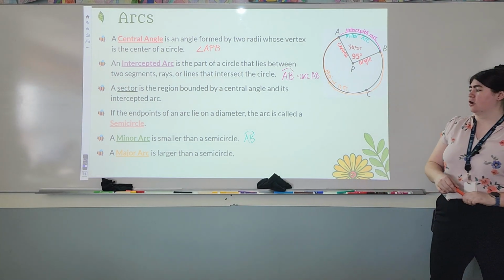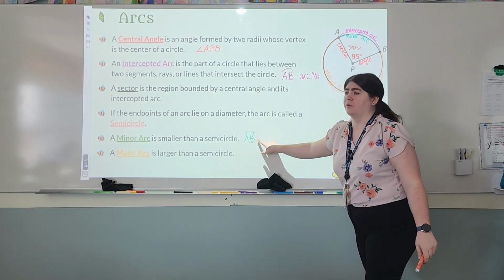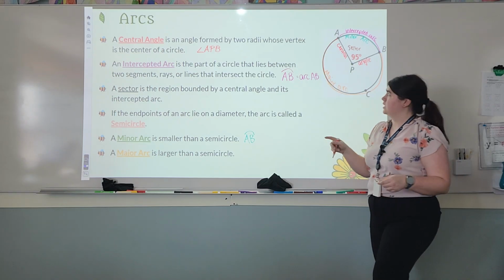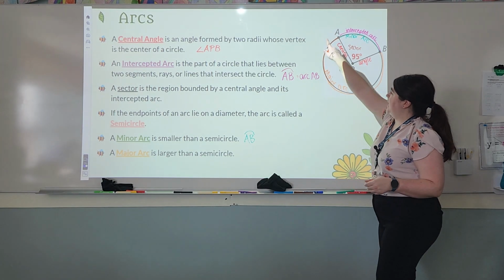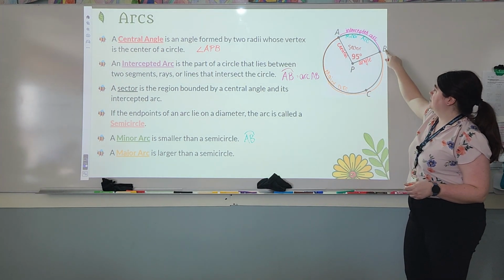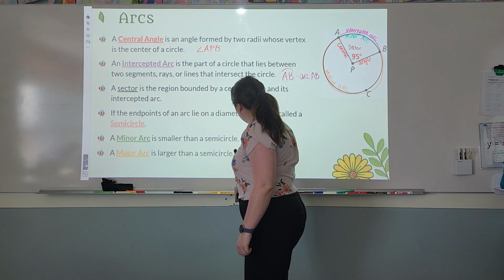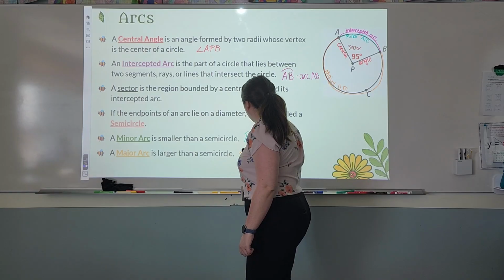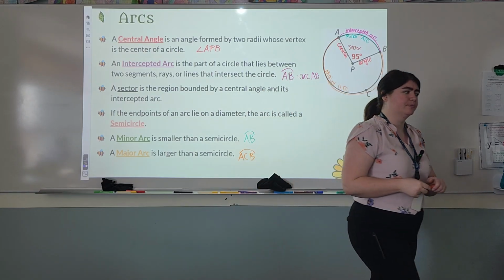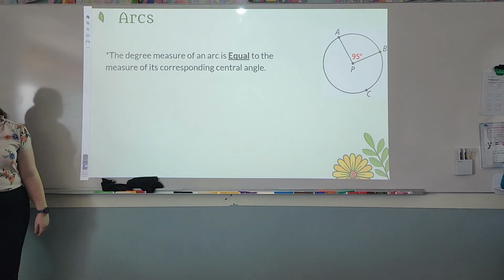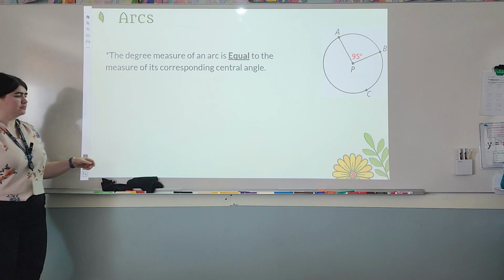The major arc, this one's where it changes up a little bit. When it's a minor arc, we use 2 points. When it's a major arc, we use 3. So the major arc is A, C, B. And we put an arc across that whole thing, ACB. One last thing about arcs. The degree measure of an arc is equal to the measure of its central angle.